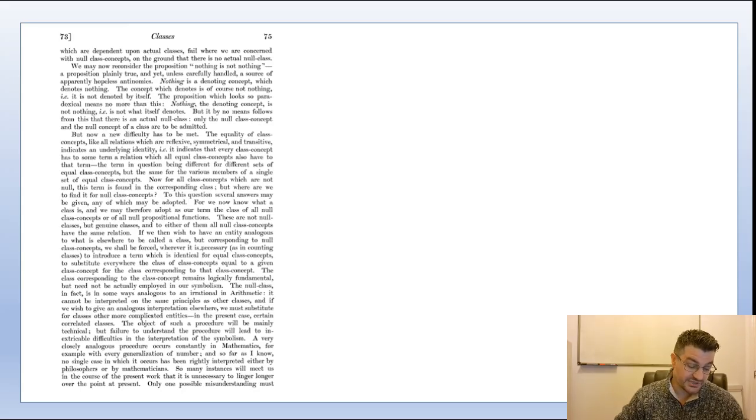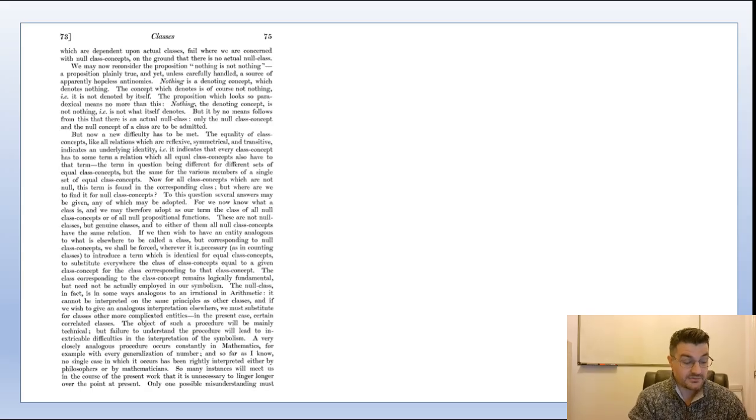The concept which denotes is, of course, not nothing, i.e., it is not denoted by itself. The proposition which looks so paradoxical means no more than this. Nothing, italicized, the denoting concept, is not nothing, unitalicized, i.e., is not what itself denotes, but it by no means follows from this that there is an actual null class. Only the null class concept and the null concept of a class are to be admitted.